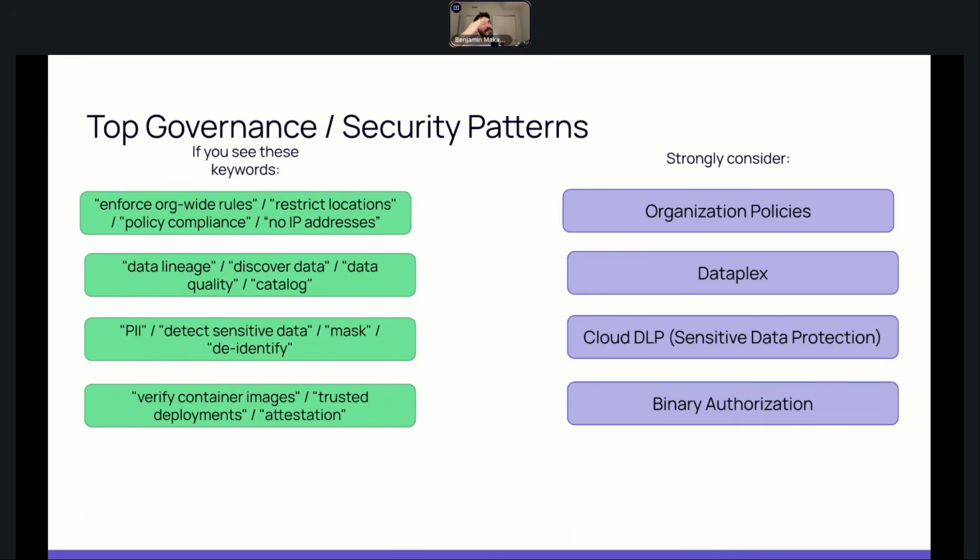So if you see enforcing org-wide rules, restricting locations, policy compliance mentioned, or disallowing IP addresses, this would indicate using org policies.